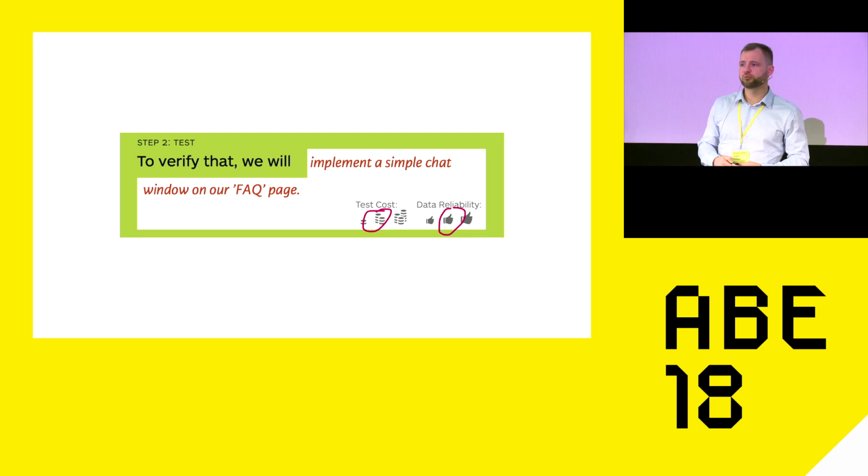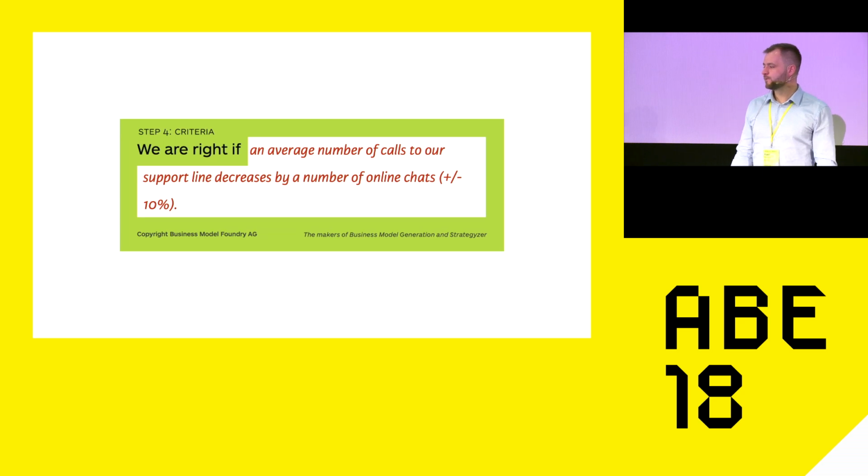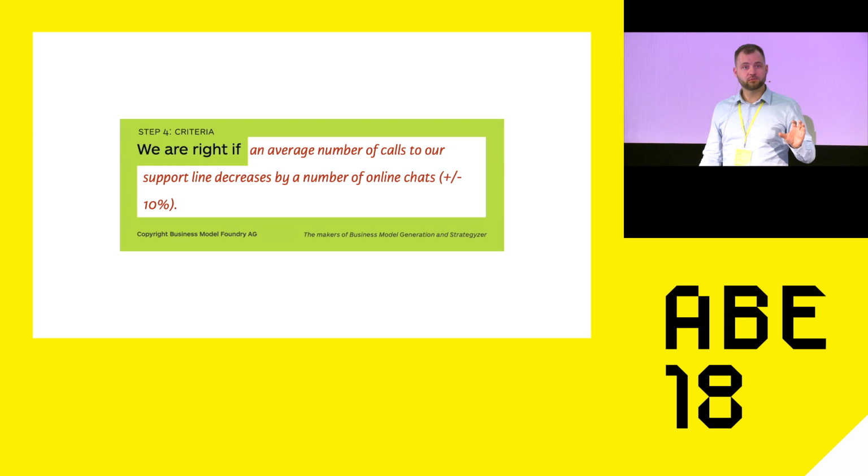What would be the measurement? Not the smartest one, but that's what I thought about. We're going to measure a number of chats and a number of calls on our support line. I believe people will still be calling. I wonder if there's any correlation between those two numbers; that would be our criteria. If we are right, the average number of calls on our support line will decrease by the number of chats that we have, plus minus, let's say, 10%.